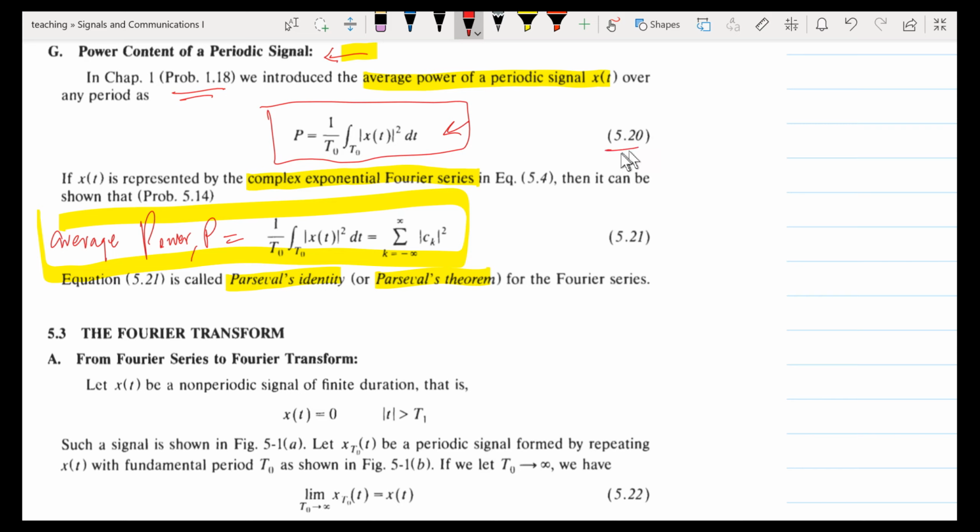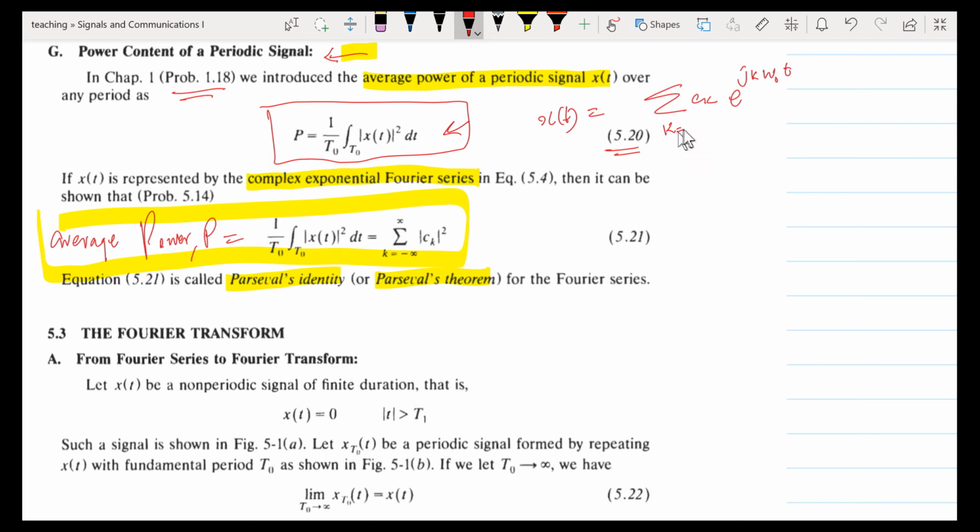And in this equation 520, we can express x of t in the complex exponential Fourier series form, defined by the sum of ck e^(j k omega naught t).